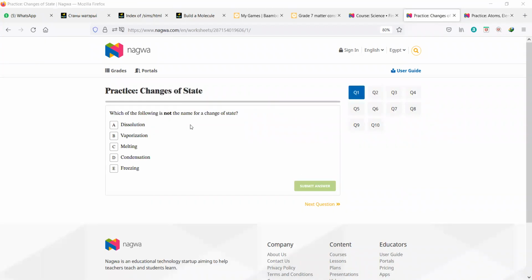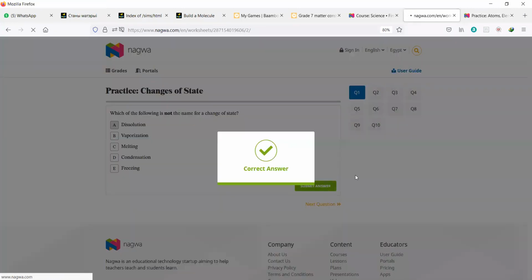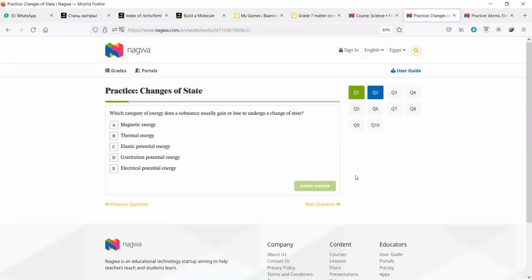Which of the following is not the name for a change of state? Anyone that we don't know? Which category of energy does a substance usually gain or lose to undergo a change of state?